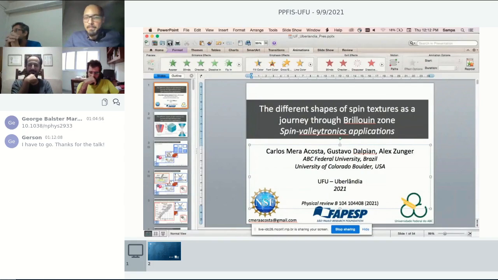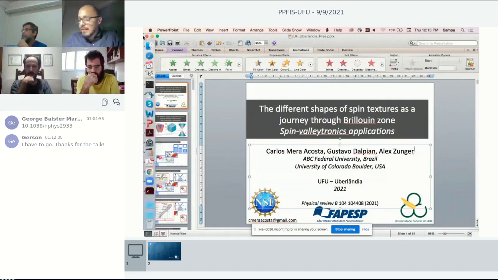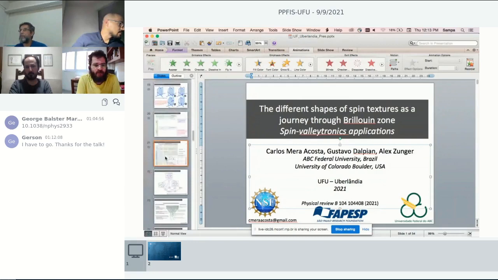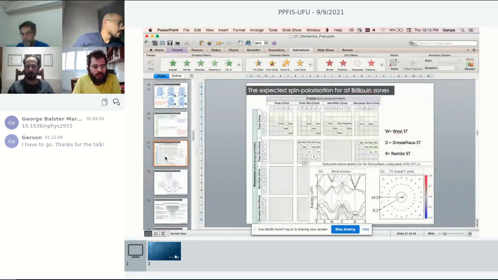And well, in principle, the model should work when we go from one symmetry to another, okay? So if we change the symmetry, then we should be able to predict what is happening in the component in terms of not only symmetry, but also the spin polarization. So we have here the case in which we have the interpolation between both Dresselhaus and Rashba. So we know, let me go back here. Okay, this plot. Yeah.